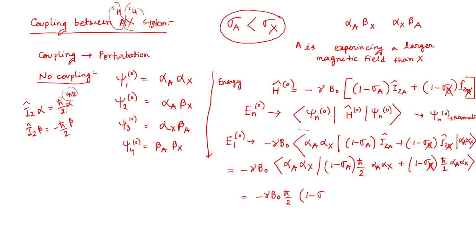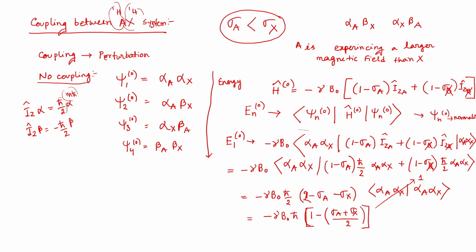That (1 − σ_A), actually 2 minus σ_A minus σ_X, and α_A α_X, α_A α_X. These are normalized wave functions, so it is going to give us 1, right? So this is what the energy is, and we can write it in terms of something like this: γB_0 ħ (1 − (σ_A + σ_X)/2), like this. So this is E_1.